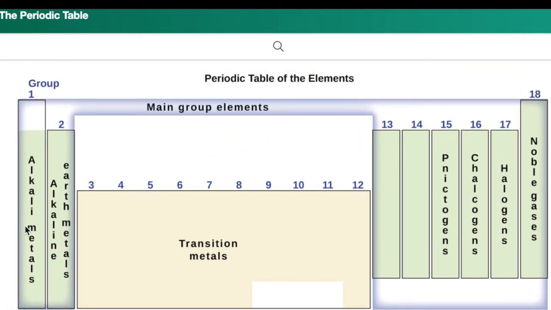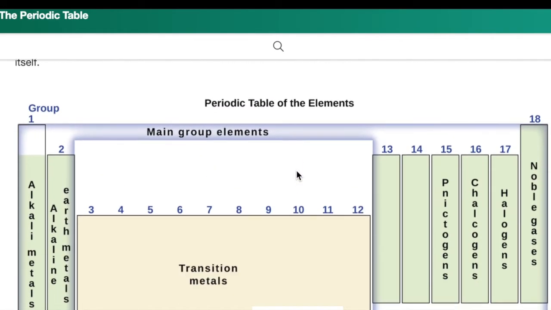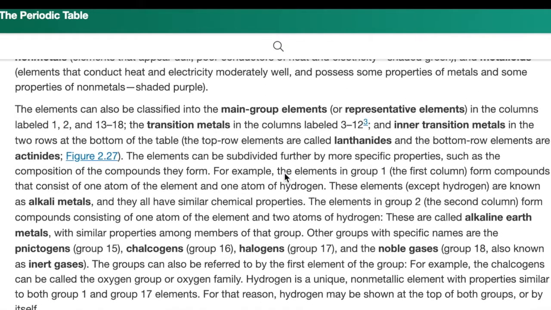And then some of these specific groups or families have special names. The alkali metals, the alkaline earth metals, the noble gases over here on the end, halogens, chalcogens, and pnictogens. So some special families there with similar chemical properties among the members of the family.